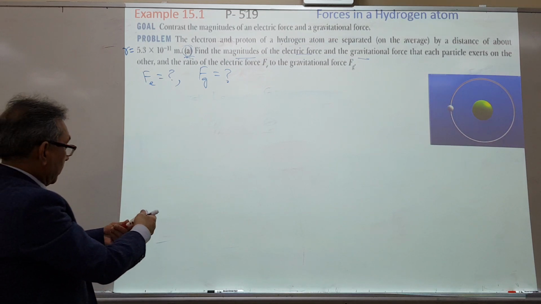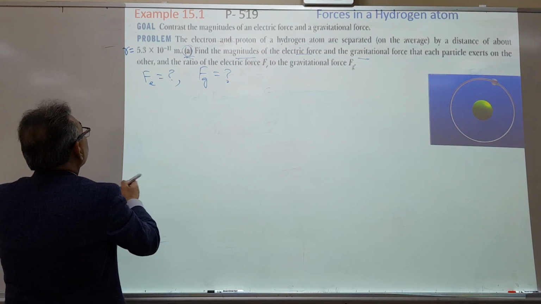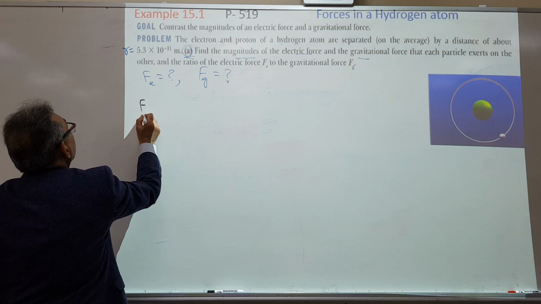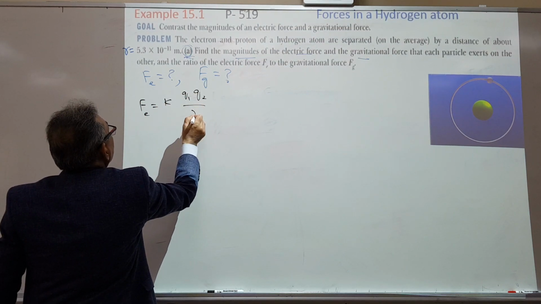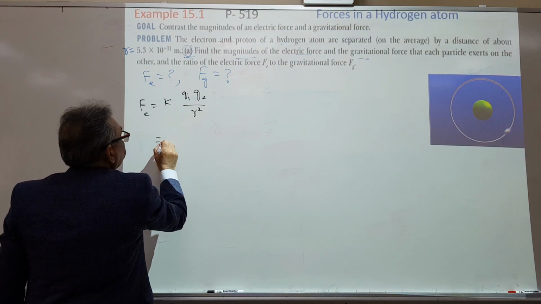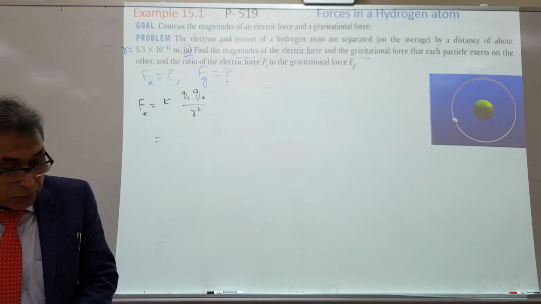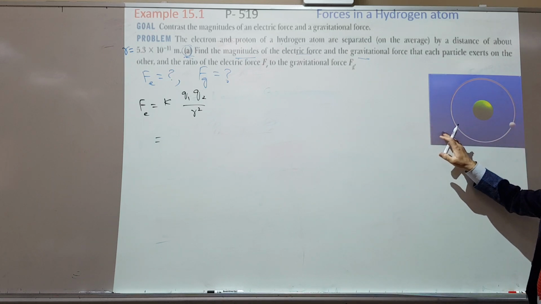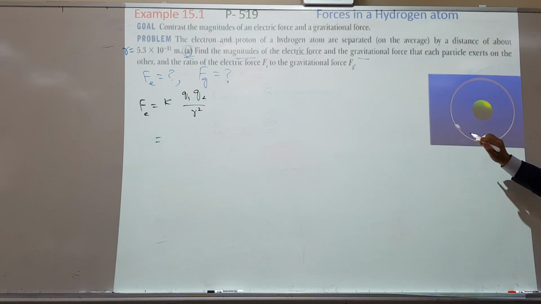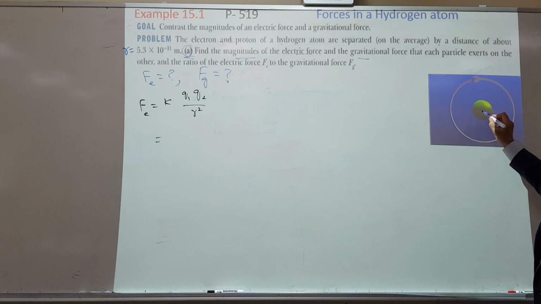Now, we have the electric force, we just finished: K Q1 Q2 over R squared. You see, you have this animation for the hydrogen atom. This is the nucleus, right?